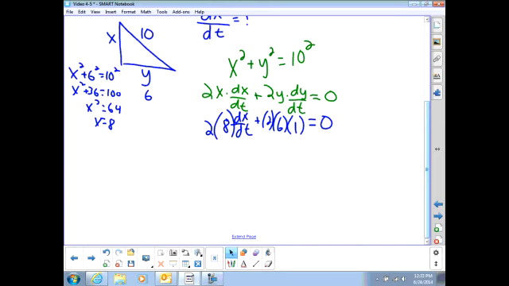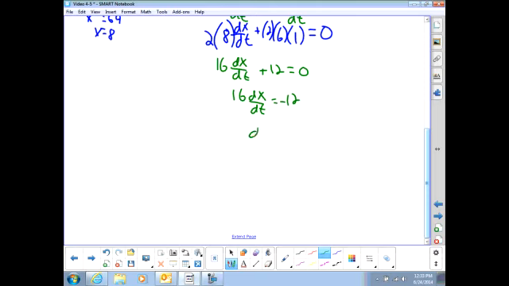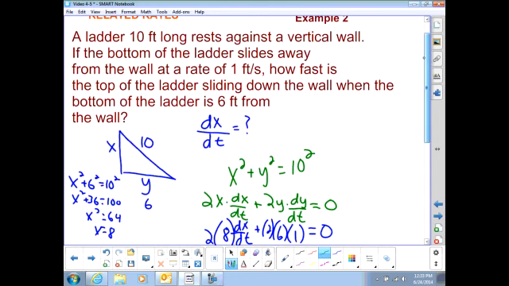Now we just have to work to get dx/dt by itself. This will be 16 times dx/dt plus 12 equals 0. That's 16 dx/dt equals negative 12. And when you divide the 16 over, dx/dt would equal negative 3/4 or negative 0.75. Now that was a one-dimensional measurement.